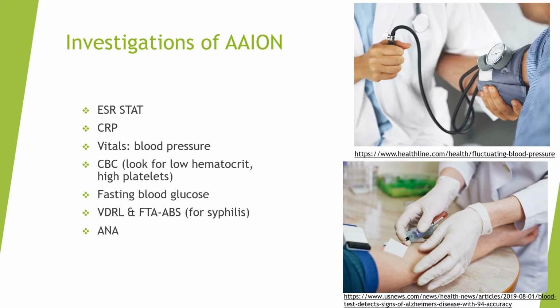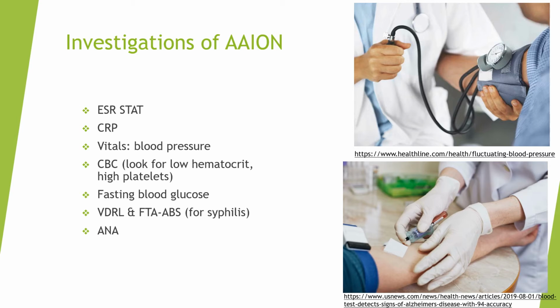We can also order CBC, looking for low hematocrit and high platelets as an acute phase reactant. Also look at fasting blood glucose for diabetes mellitus possibly, and VDRL and FTA absorption test for syphilis, and ANA for vascular inflammatory disease.